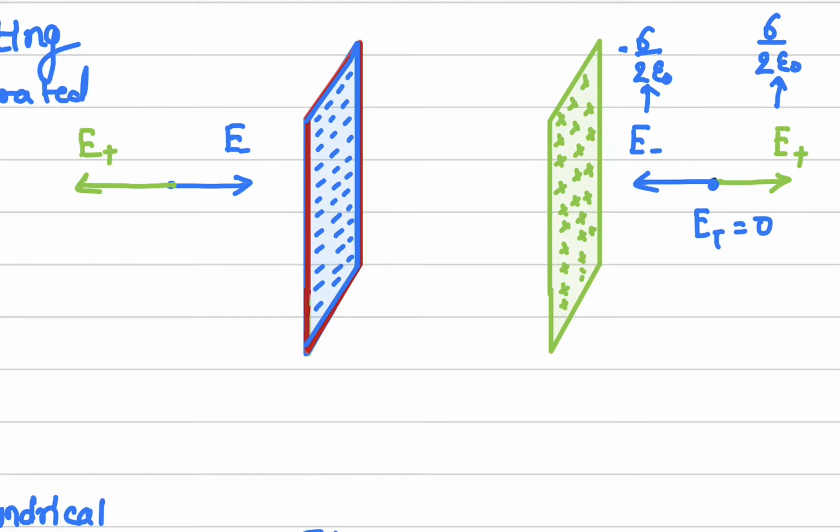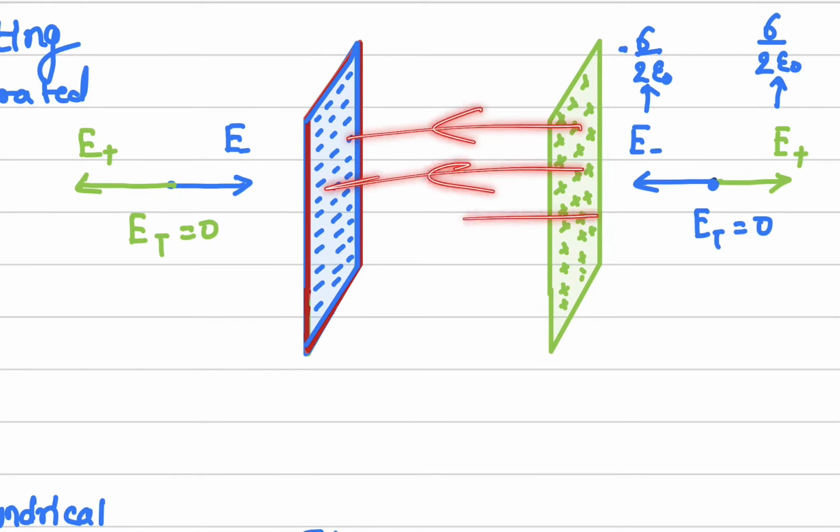Again, both electric fields are exactly equal in magnitude but opposite in direction. So the total electric field at this point is again 0. So outside the plates, there is no electric field. The electric field exists only between the two plates.